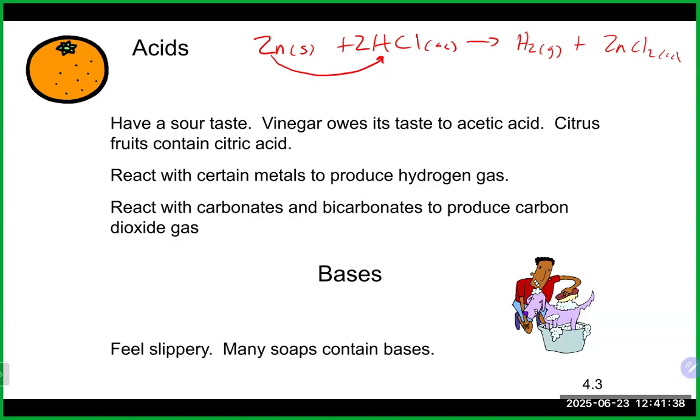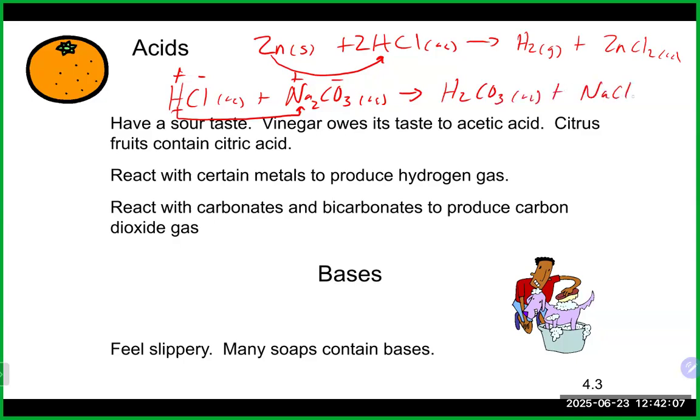They do react with carbonates and bicarbonates to produce carbon dioxide and water. So if you have maybe a little hydrochloric acid plus some sodium carbonate here. This is, unlike the top one, a double displacement reaction. Yeah. Two positive guys going to switch partners, going to make a little H2CO3 and a little sodium chloride in this case.